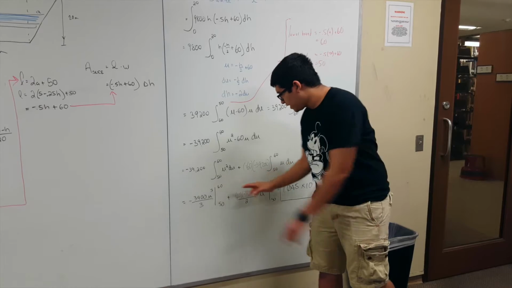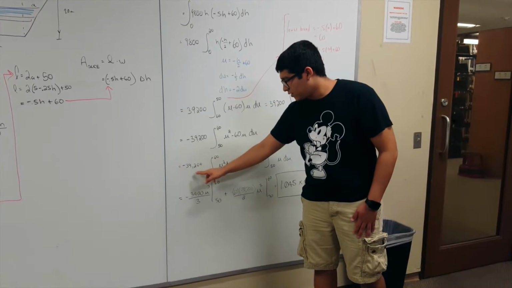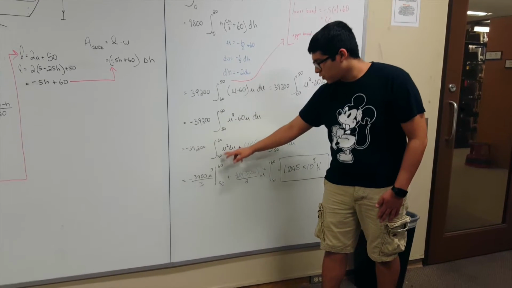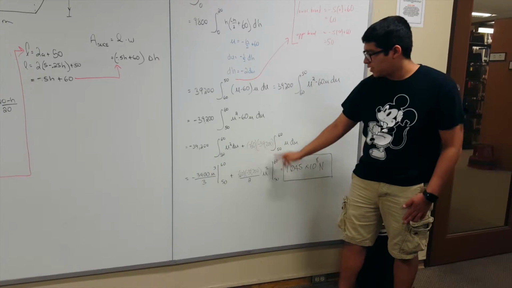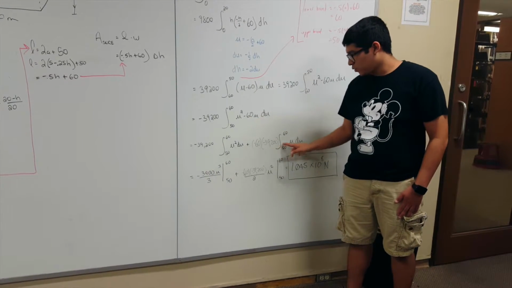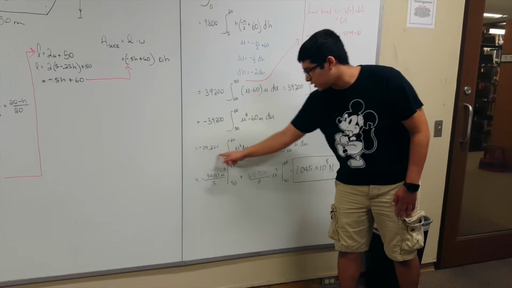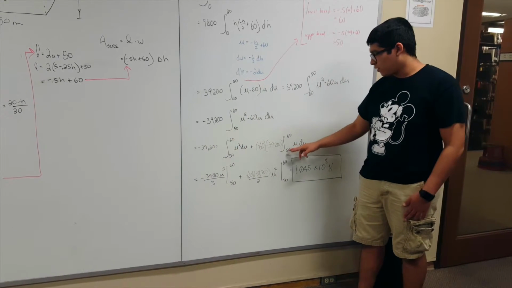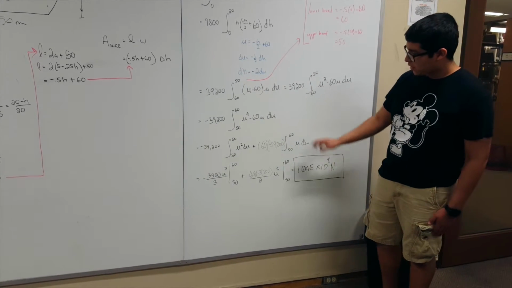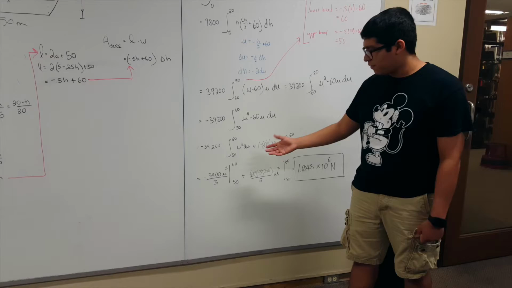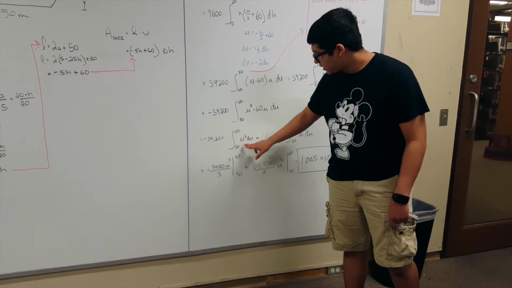Now that we have that, we can split the integral into two separate integrals. Negative 39,200 times the integral from 50 to 60 of u squared du, this initial portion, plus negative 60, as we pull that out, times negative 39,200, times the integral from 50 to 60 of u du. Now we just solve for the integral, which is quite simple.